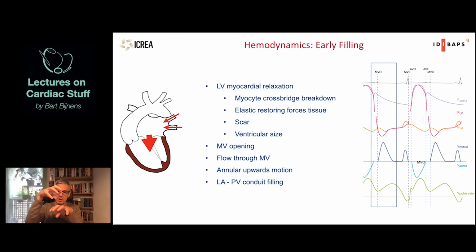So the higher the pressure gradient between the atrium and the ventricle, the higher the velocities at which the blood will come in. Of course, the opening of the mitral valve, the area through which the blood can go, is also important. The bigger the area, the less pressure gradient we will need in order to get a lot of blood coming into the ventricle.